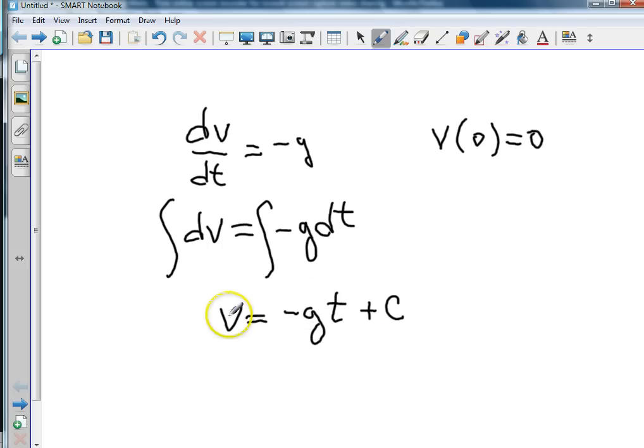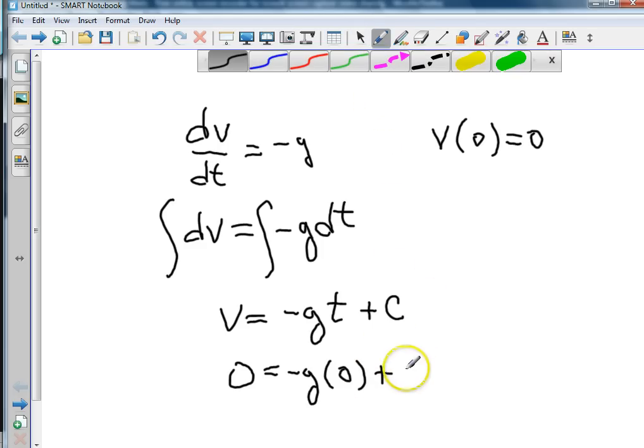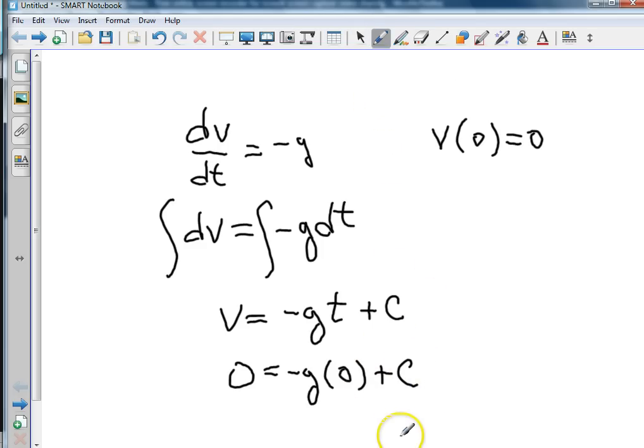All right, so plug in. v is what? 0. That's this 0. And t is what? 0. That's this 0. I'm plugging in for t, right? So there, plus c. Now this is sort of silly, but what's c? It's 0 because that's 0 and that's 0, so c is 0.